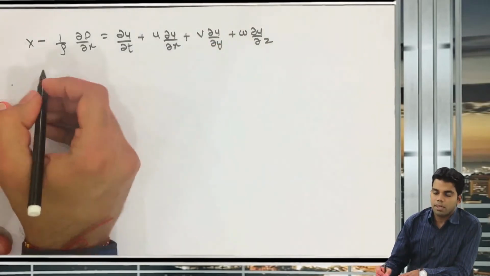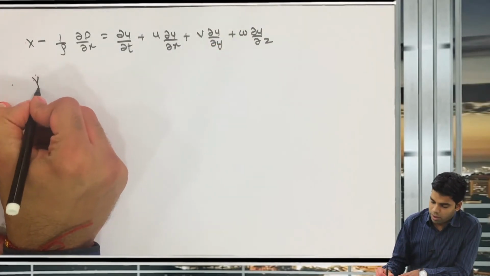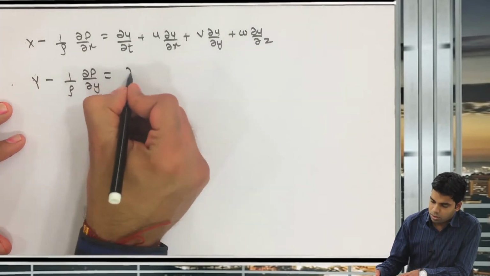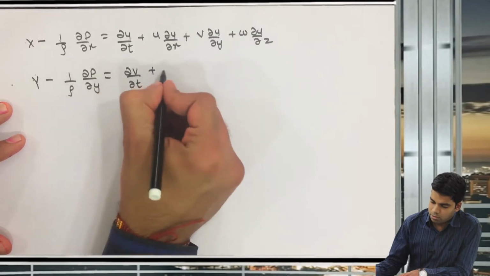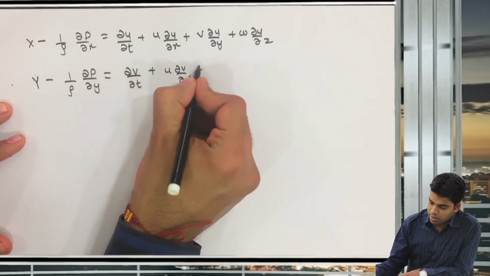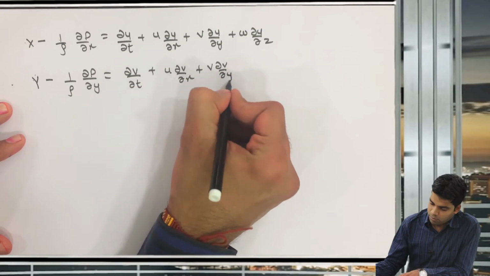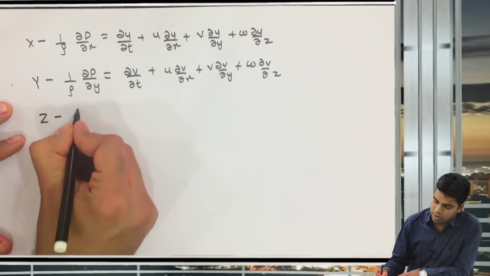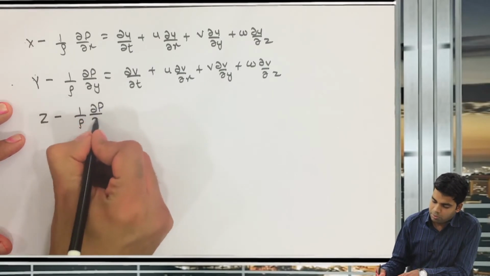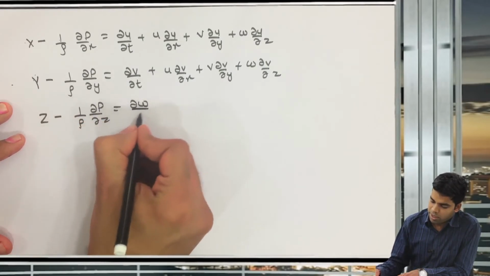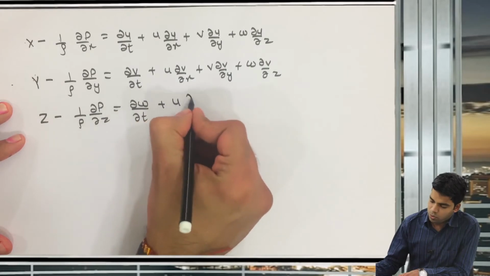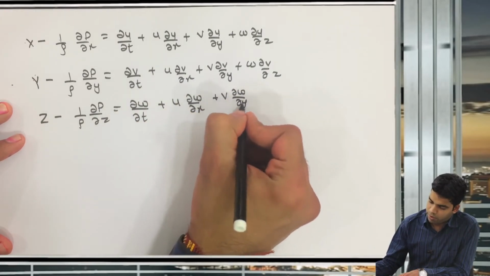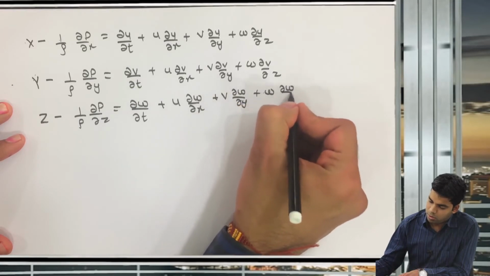Similarly in y direction, Y − (1/ρ) ∂P/∂y is equal to ∂v/∂t + u ∂v/∂x. Similarly in z direction, Z − (1/ρ) ∂P/∂z is equal to ∂w/∂t + u ∂w/∂x + v ∂w/∂y + w ∂w/∂z.